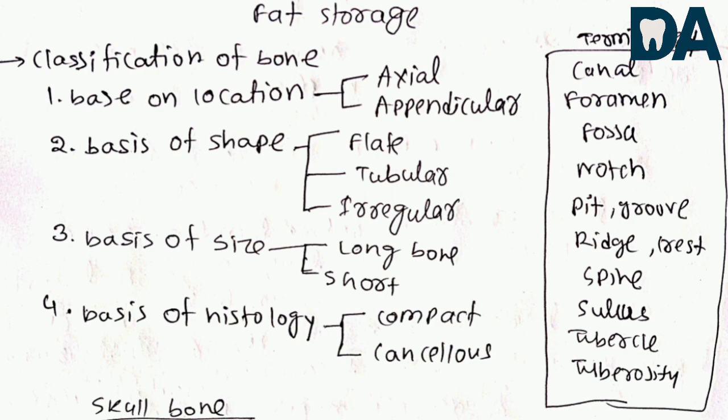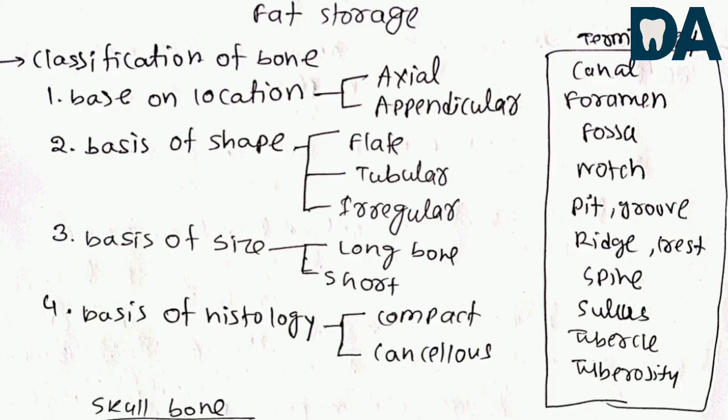Tubercle, a small round prominence. Tuberosity, protuberance or process, a broad, rough or uneven elevation on bone. Now go to the topic classification of bones.